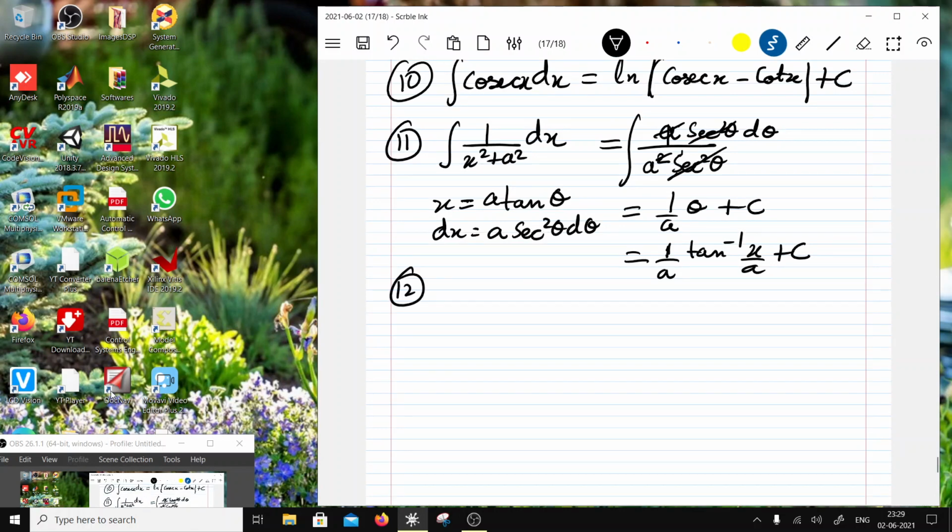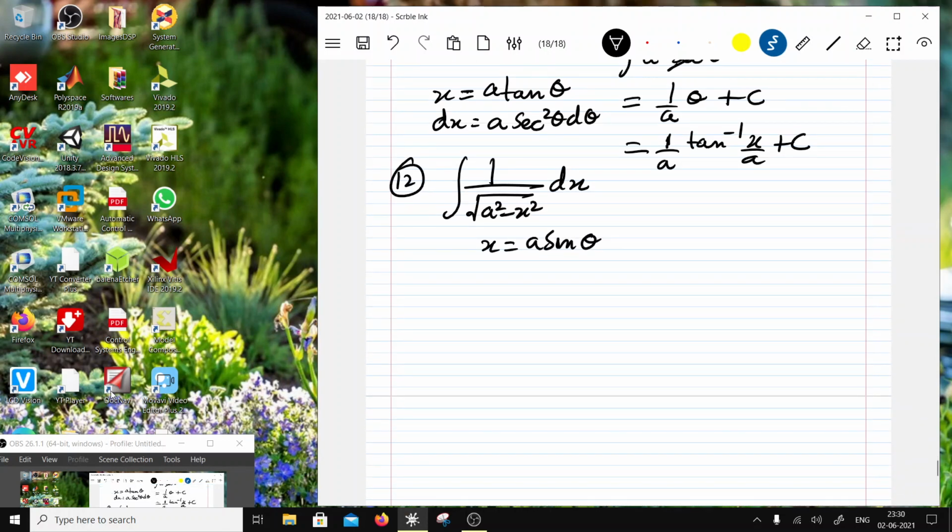12. Integral of 1 over square root of a square minus x square dx. Then substitute x is equal to a sine theta. So what you have is, 1 minus sine square theta is cos theta, and then you have dx is equal to a cos theta d theta.